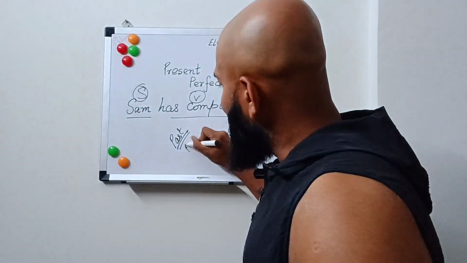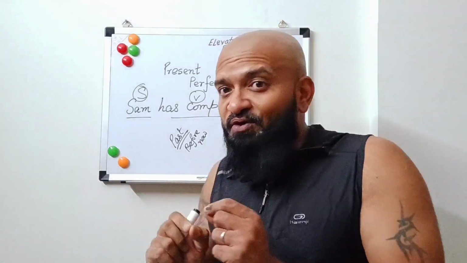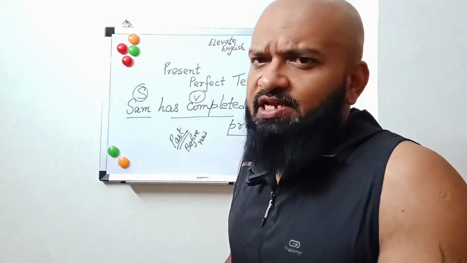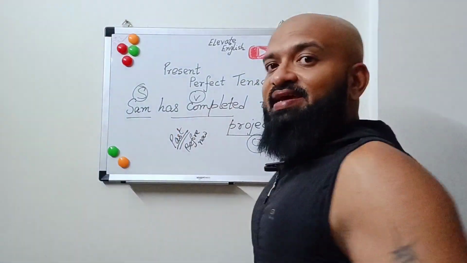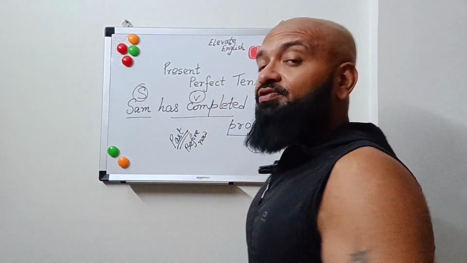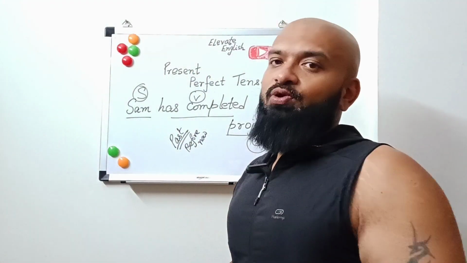Yes. So this project has been completed at a time before now. That means it's obviously completed in the past, but just before now. In such a situation, we're going to use the present perfect tense, and that's how the sentence looks like.